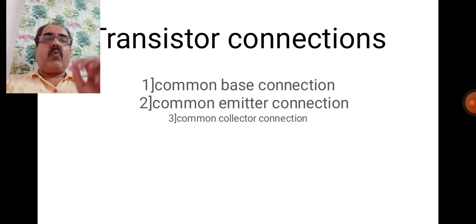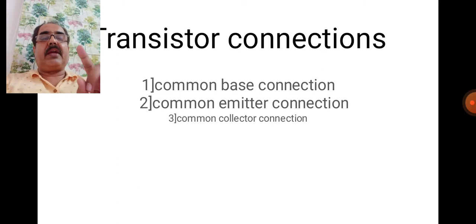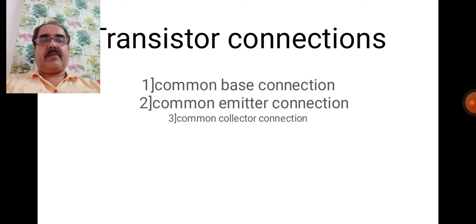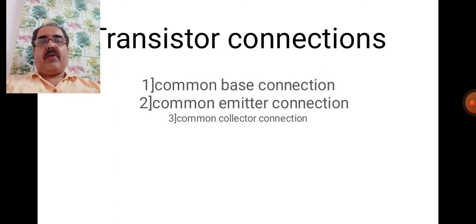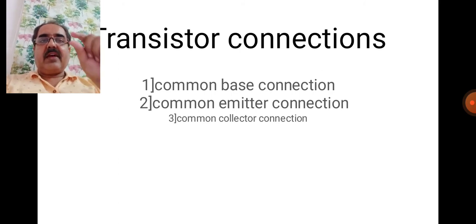That's why we use one terminal as a common terminal. That terminal can be common base, common emitter, or common collector. When the transistor is connected in a circuit diagram, one terminal must be a common terminal.